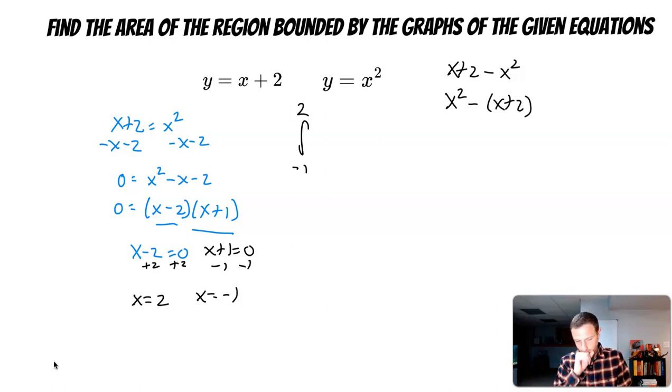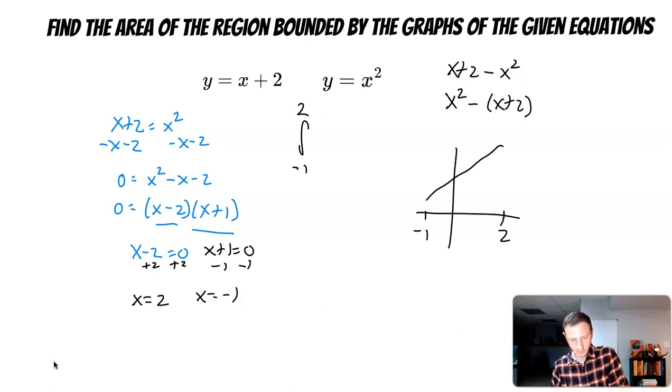So if we just think about this on a graph, so if I have -1 to 2, it would look roughly like this.